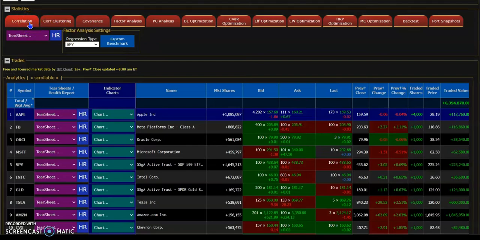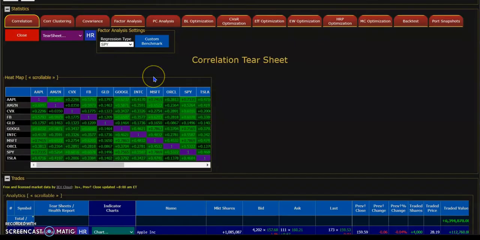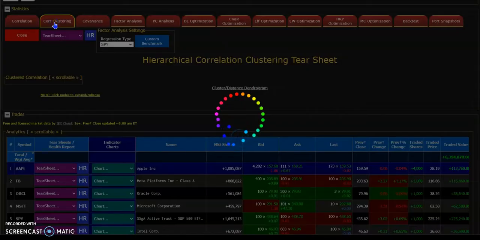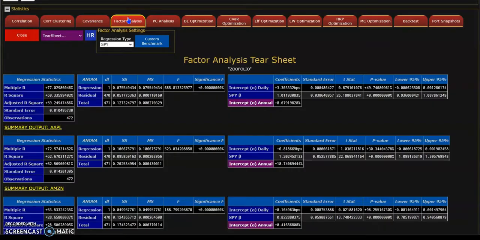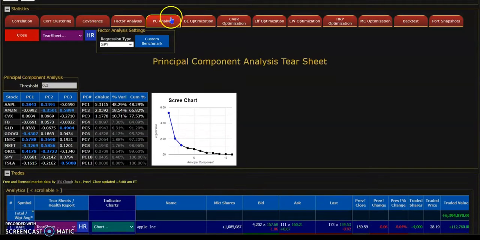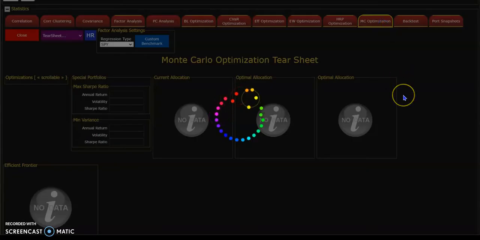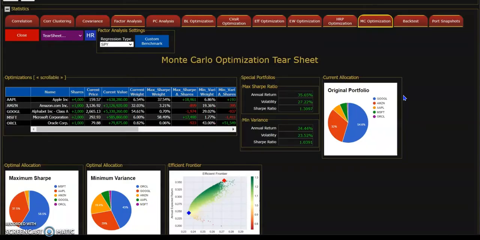At the top here of this grid, you can do things like correlation analysis, correlation clustering, covariance analysis, factor analysis, PC analysis, all different optimizations that you can do here. In this case, I'll do Monte Carlo optimization of the portfolio, generating an efficient frontier, and I can see the original portfolio, the maximum Sharpe portfolio, and the minimum variance portfolio.